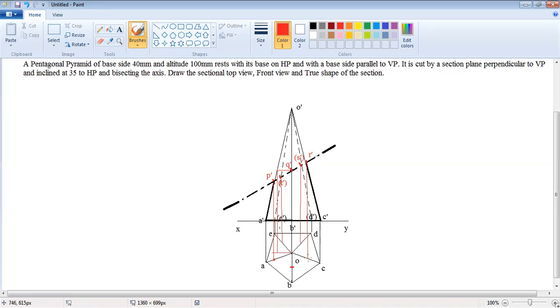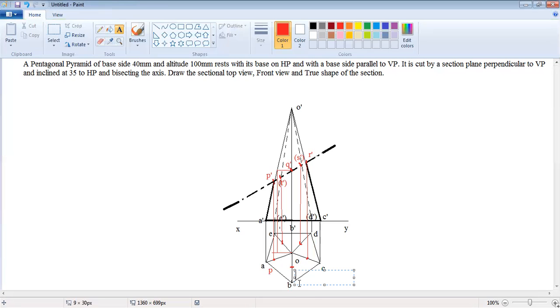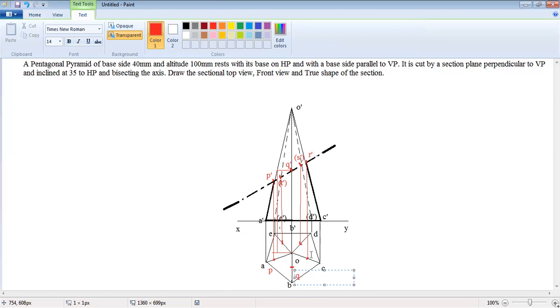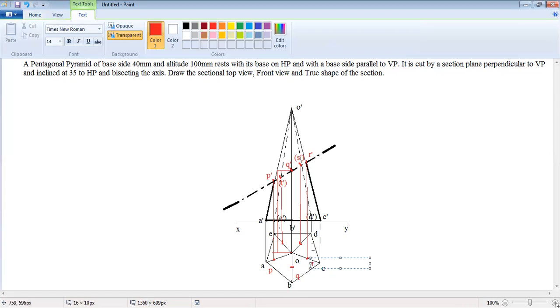Here are the points which we extended from the front view to the top view, the cutting points. Name the points as P, Q, R, S, T. Join all the points using a scale.